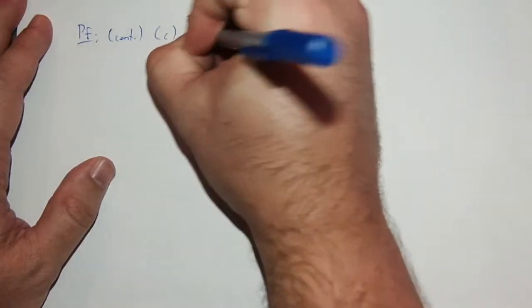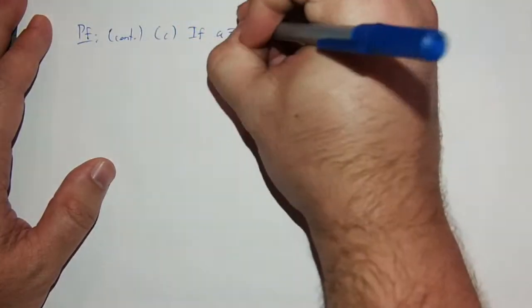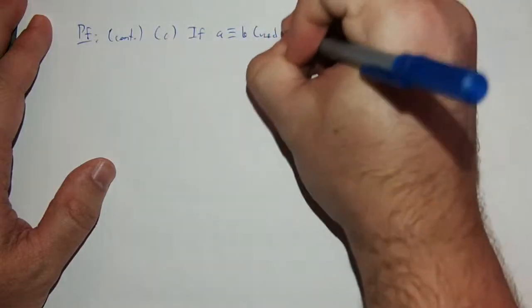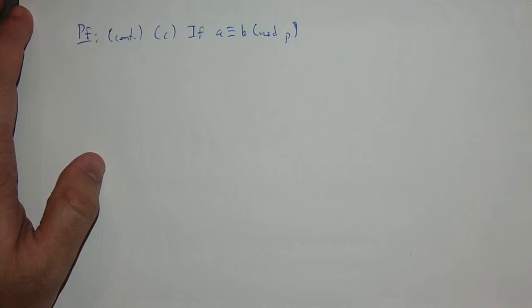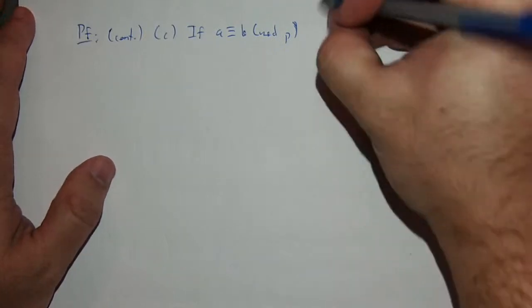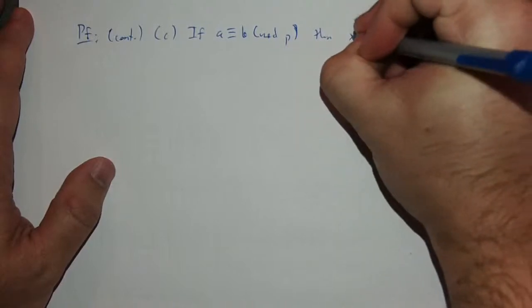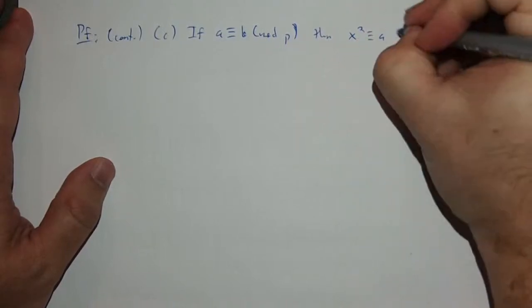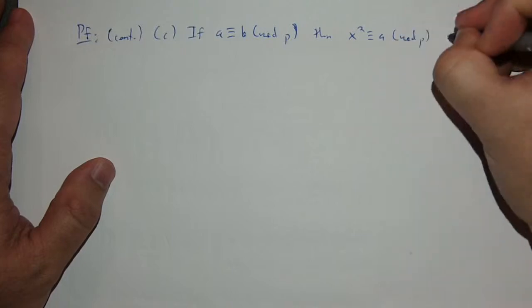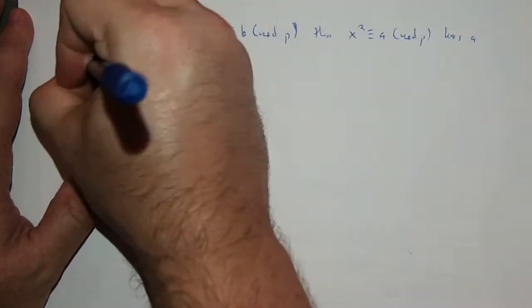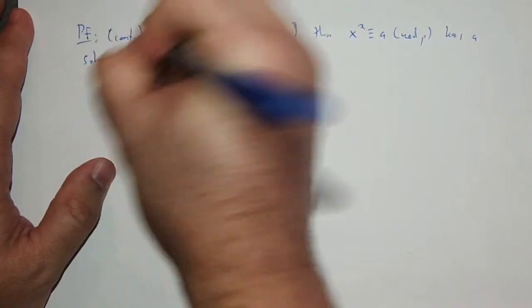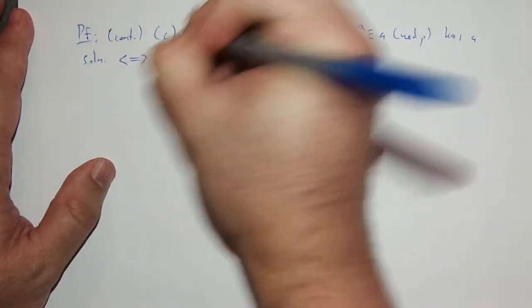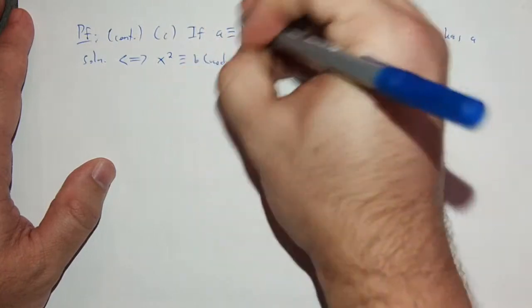If A is congruent to B mod P, I want to show that A on P is the same as B on P. Then x squared is congruent to A mod P has a solution or doesn't have a solution if and only if x squared is congruent to B mod P has a solution.